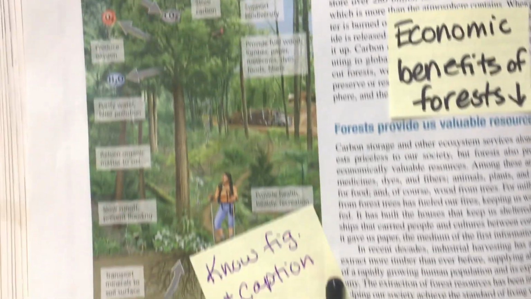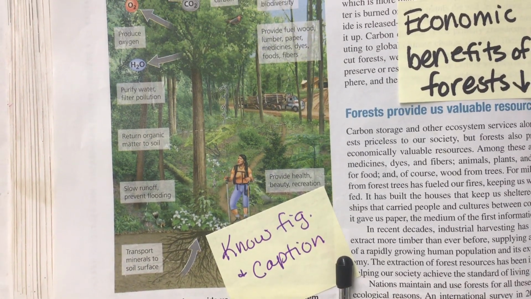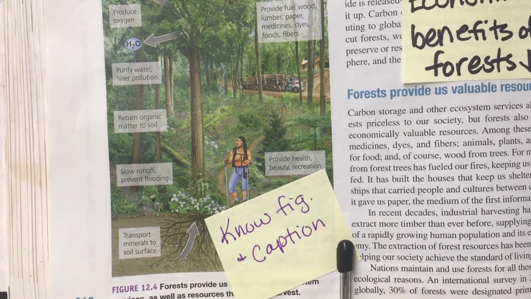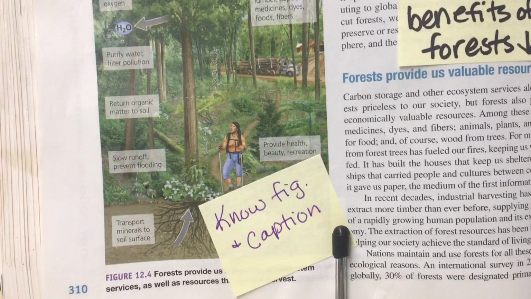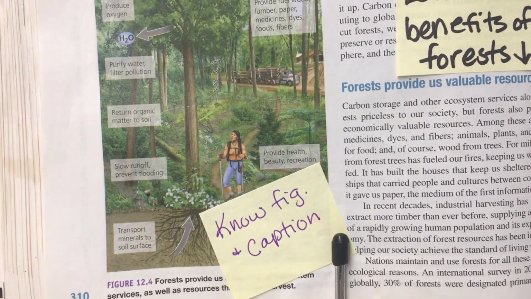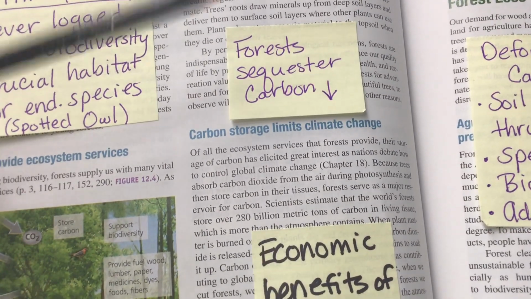You need to know a lot of ways that forests provide ecosystem services. So when you are studying for this test, make sure you can memorize a few of these things that forests do for us. A big one is that forests sequester carbon.